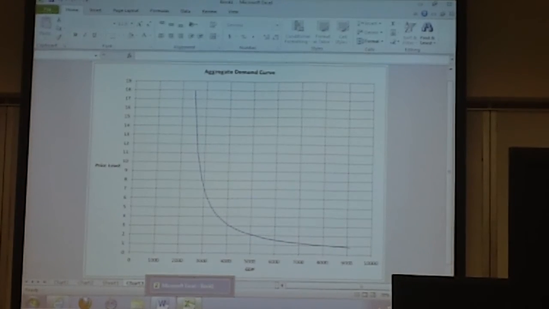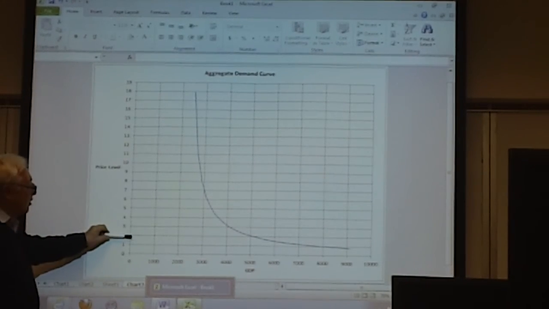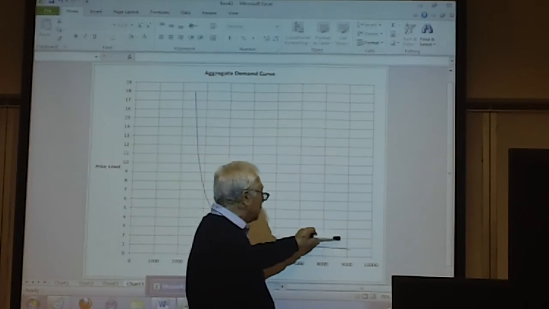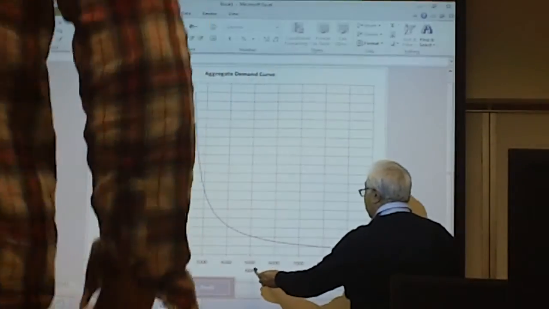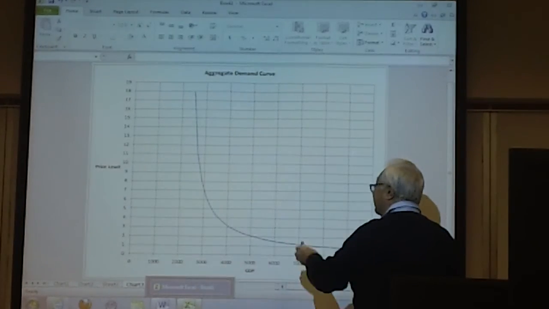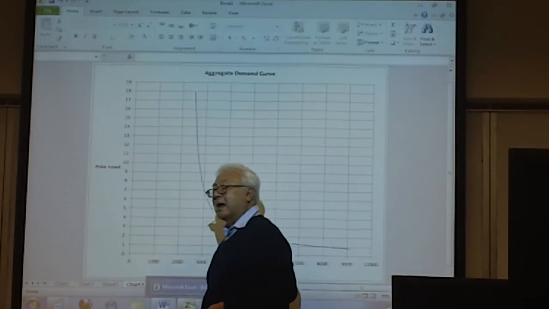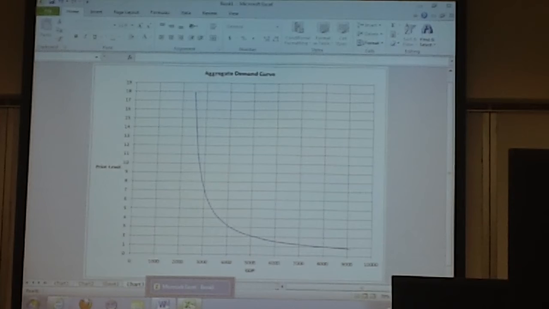Now that we've got this out here, we can think about the Keynesian concept of prices being sticky. If the prices are sticky, say along here, and you're over here at this GDP, let's shift this aggregate demand curve to the right. How do you shift it to the right? You lower taxes, or you increase government spending.